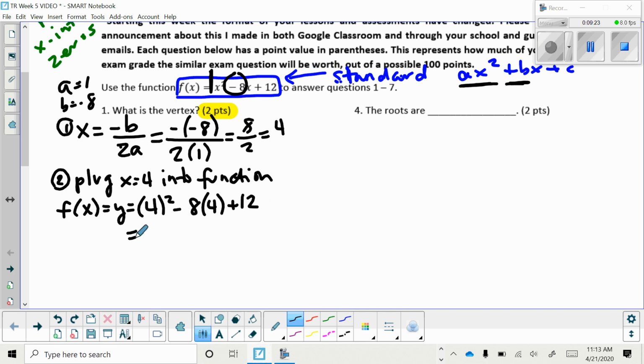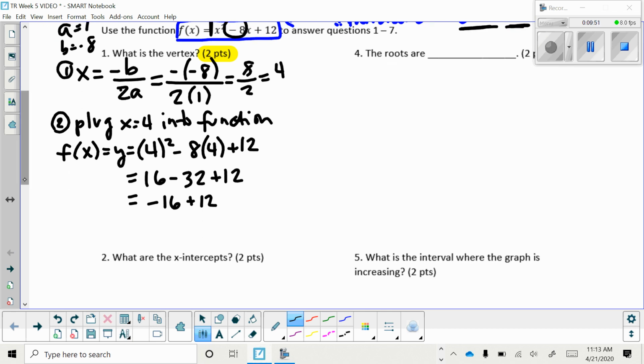Now we do this math being careful to follow our order of operations. So you do exponents first. That's the 4 squared. Then the multiplication, 8 times 4. And now all I have left is add and subtract. I do that from left to right. So 16 minus 32 is negative 16. And negative 16 plus 12 is negative 4.